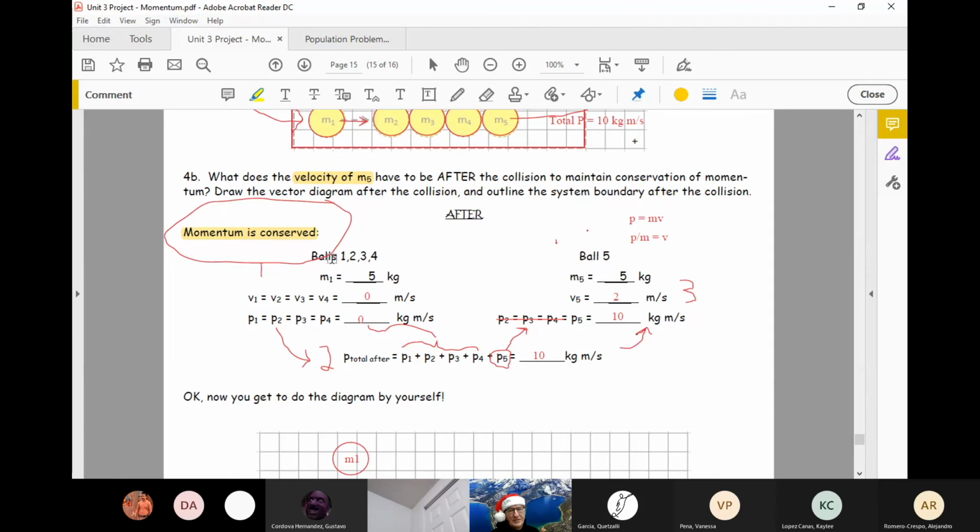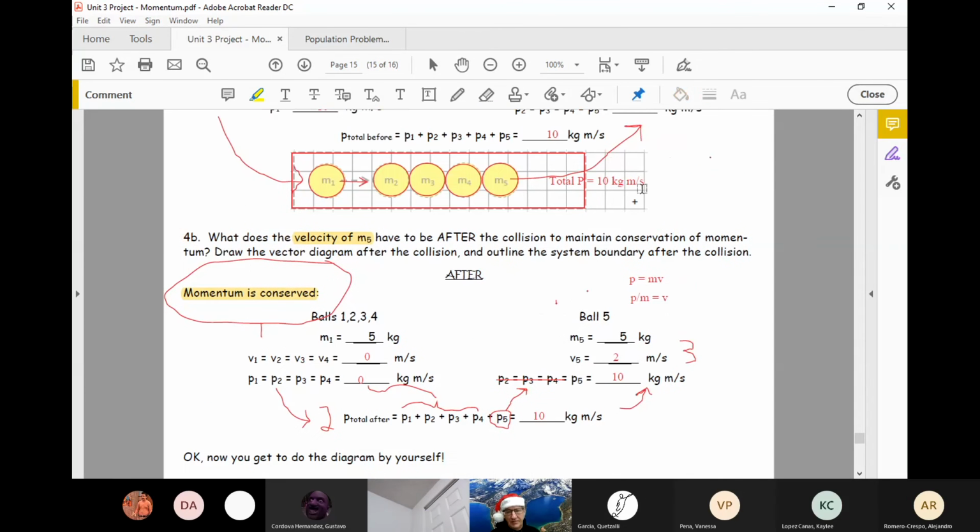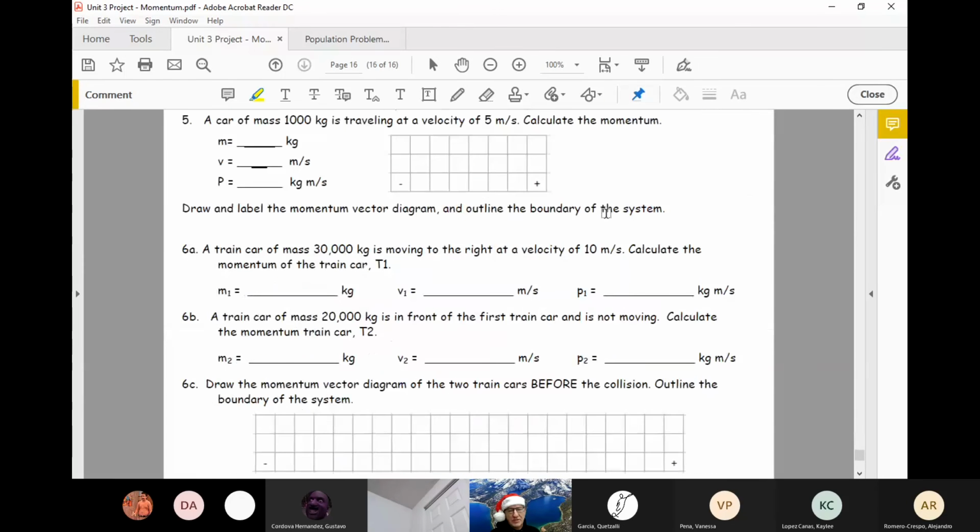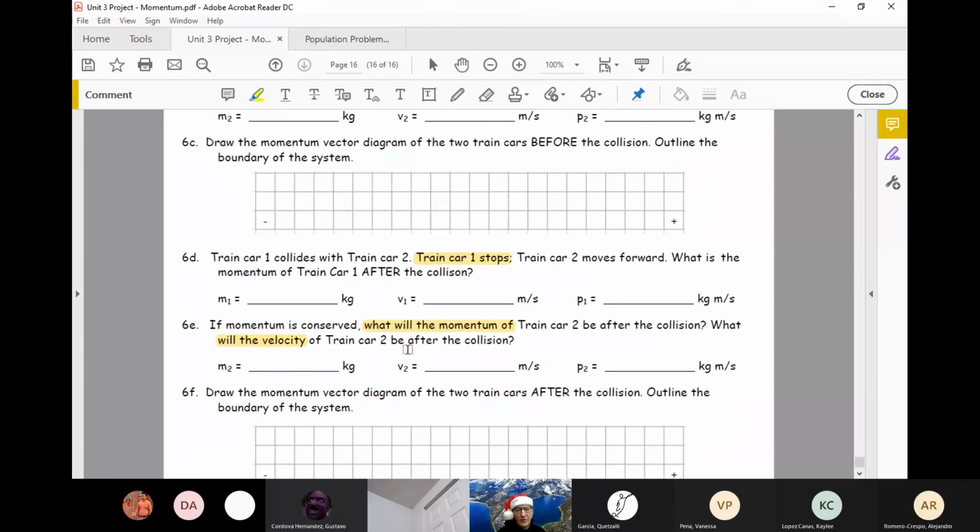So whatever the momentum was at the beginning of the total system should be the same as the total momentum at the end. Knowing that momentum is conserved, it's going to allow you to work backwards on this. You'll know the mass, you won't know the velocity. But you will know the momentum because momentum was conserved. That will allow you to find the velocity by working backwards.